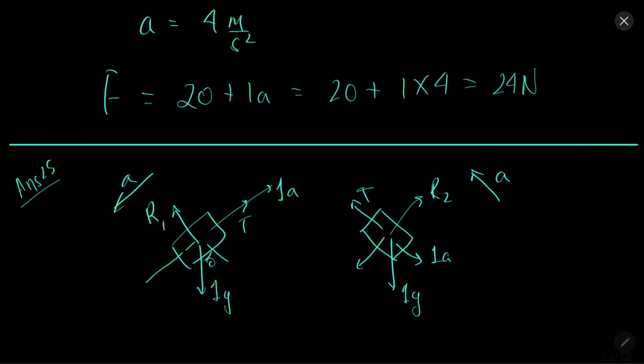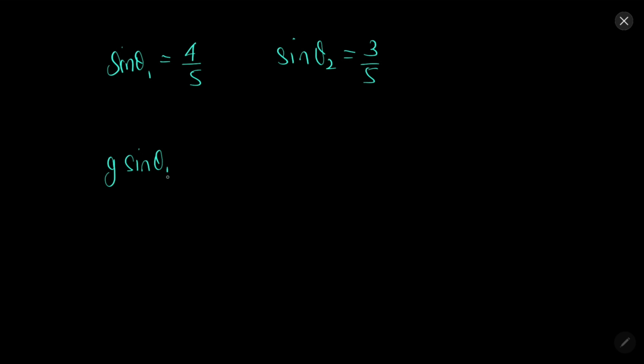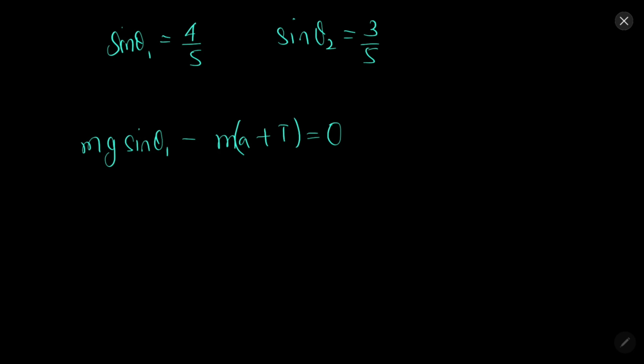Now let's say the angle is theta 1 and the angle is theta 2. So ultimately by these two diagrams, sin theta 1 will be 4 by 5, sin theta 2 will be 3 by 5. So g sin theta 1 minus a minus T equals 0.